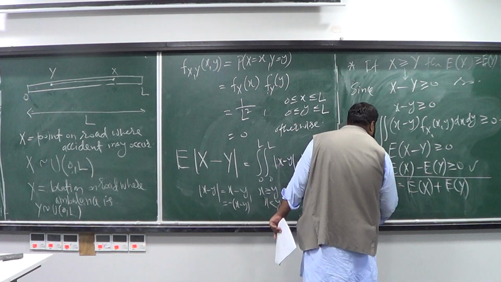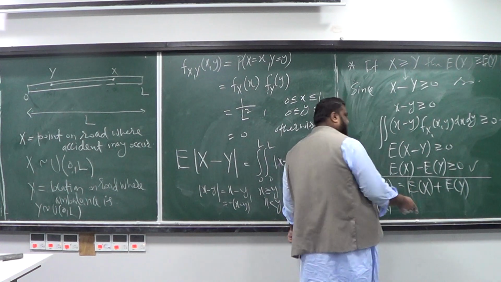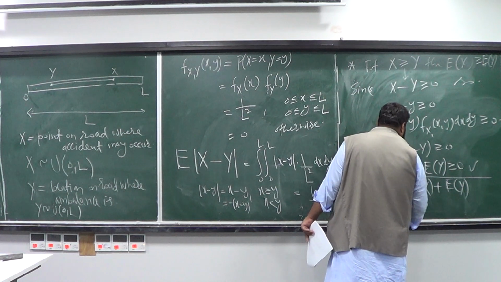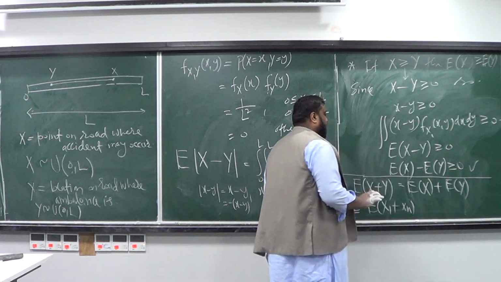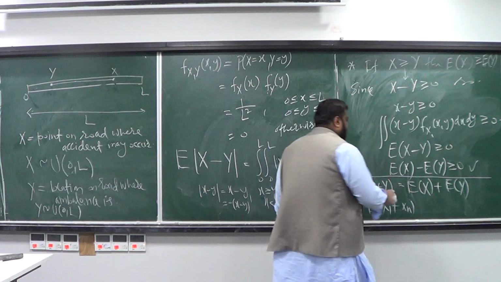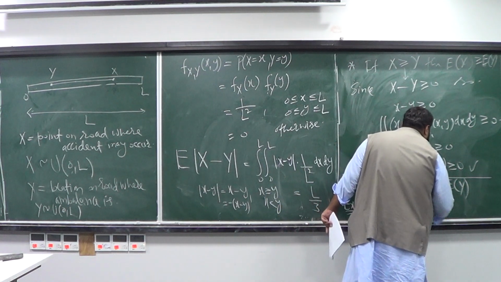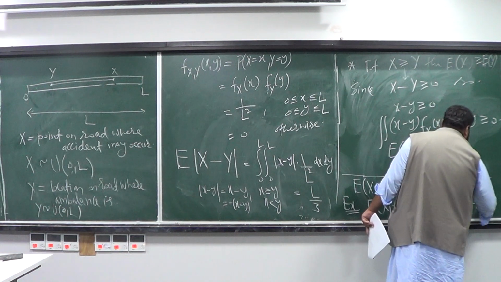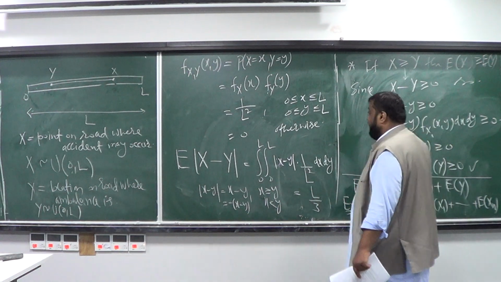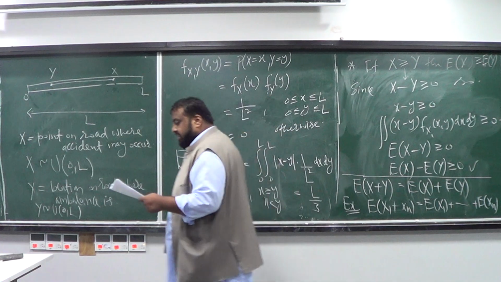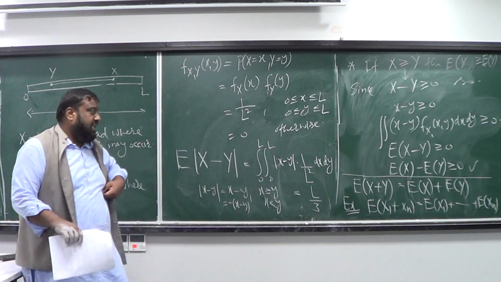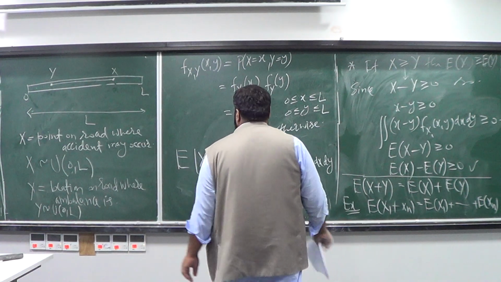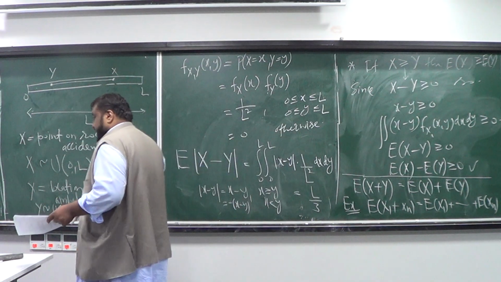I think we also proved, at least in the discrete case, that the expectation of the sum is the same as the sum of the expectations. You can prove it inductively as well. You can run an inductive argument and say that the expectation of the sum of the random variables is equal to the sum of the expectations.